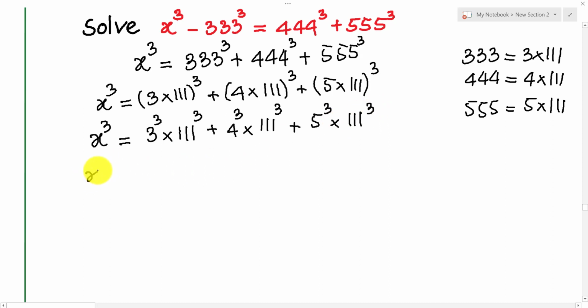So we get x power 3 is equal to 111 power 3 multiplied by 3 power 3 plus 4 power 3 plus 5 power 3.